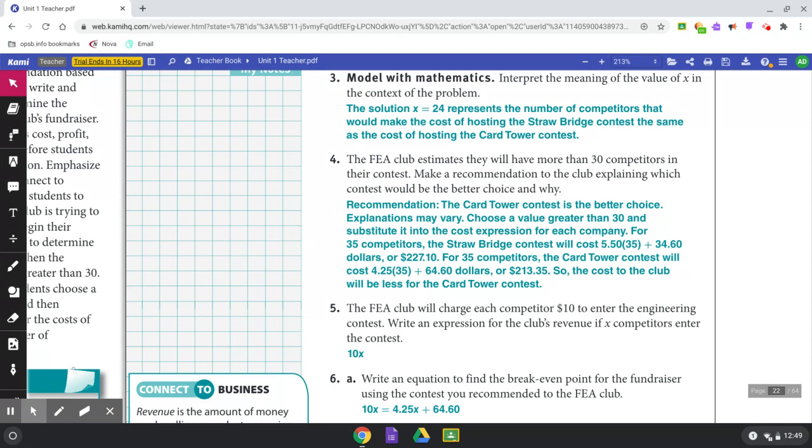So the cost to the club will be less for the card tower. So if the cost is less, their income would be more. So they want to recommend the card tower because the cost of having the card tower contest is less, their income would be more.